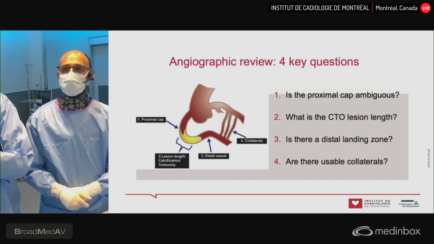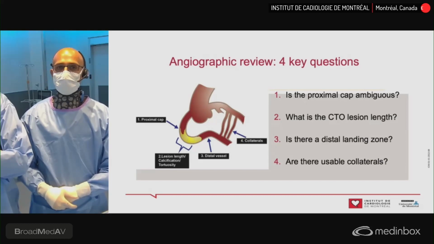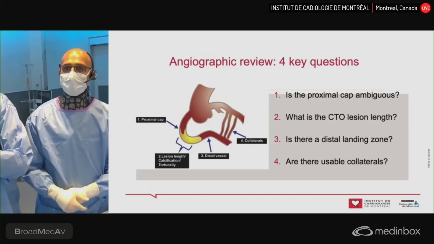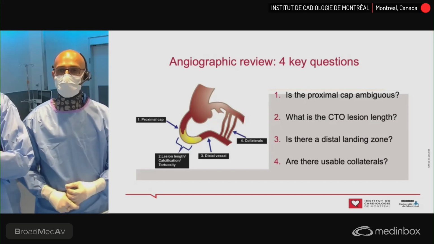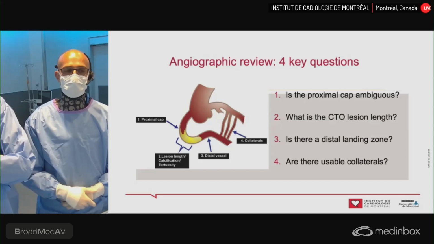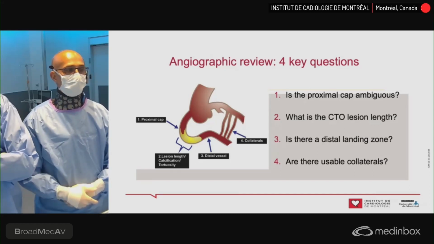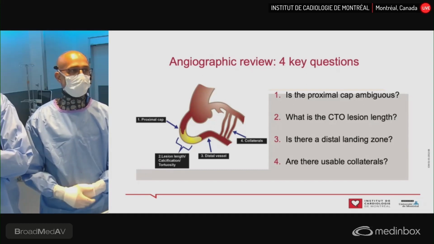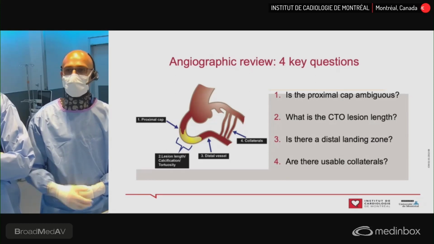Then you observe the distal landing zone, because a good distal landing zone changes how the procedure evolves. And then the collaterals: are there bridging collaterals, septal collaterals, or epicardials, and to what degree are the collaterals developed and tortuous? These are all questions you need to answer when you do your dual injection. And then you go through the hybrid algorithm.